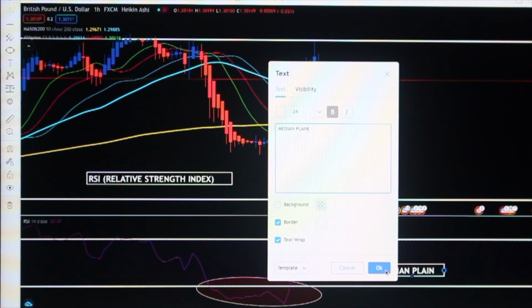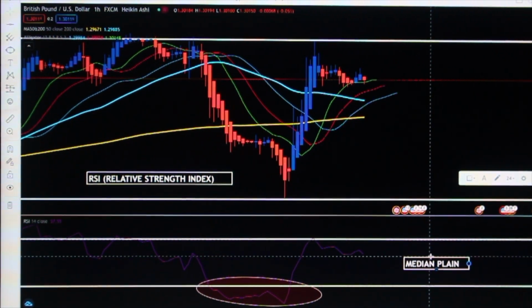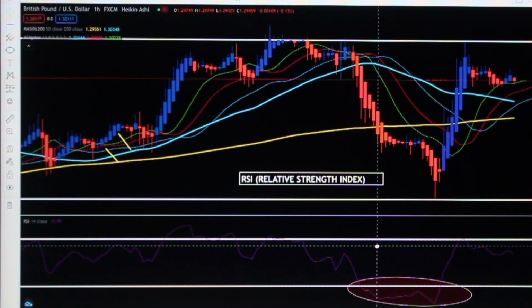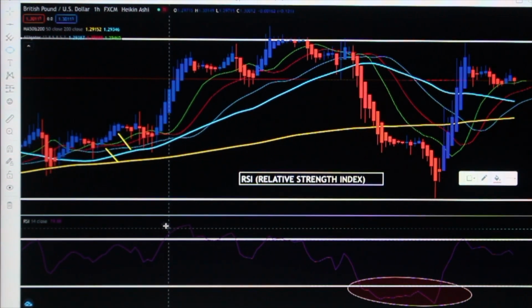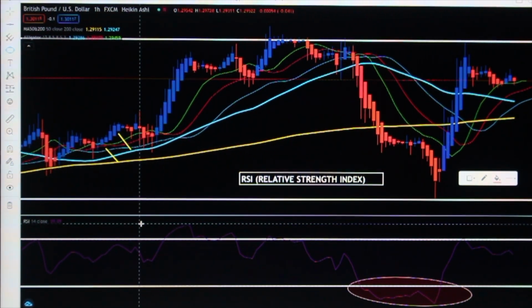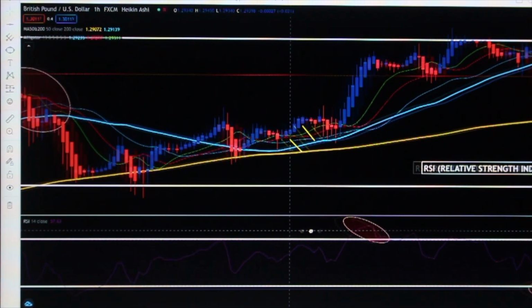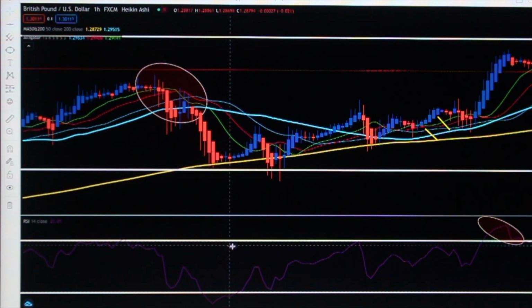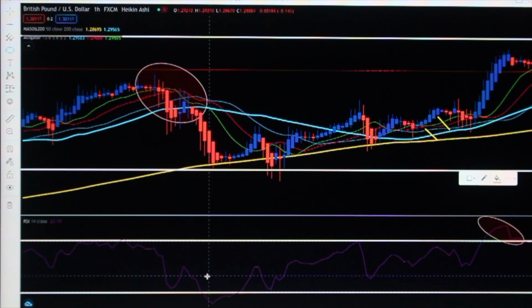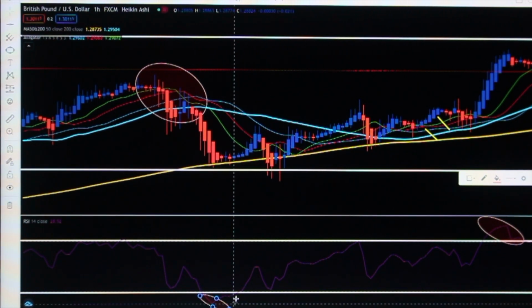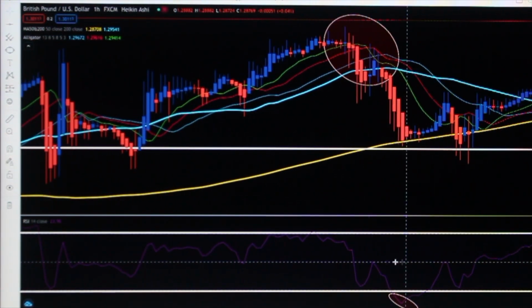The thing that I want you to look at is the median plane, which I just outlined here, but also when it crosses it, when there's pure gap separation and the lines exit this median plane, whether from the resistance or the support lines. Look at this resistance, I just made a circle around it, and look at this support line, I just made a circle around it.